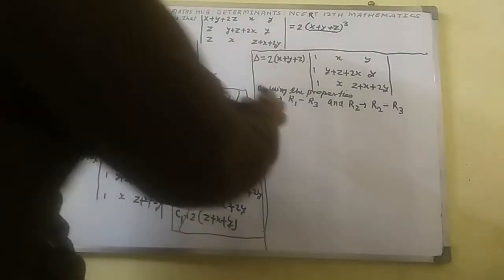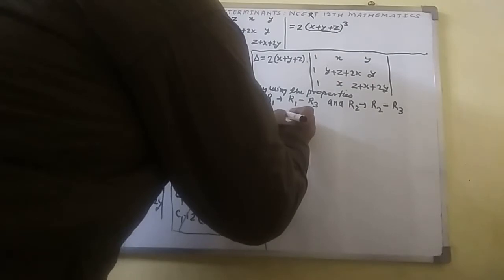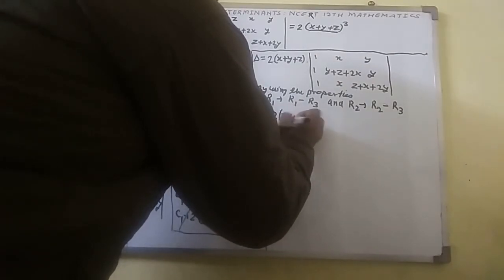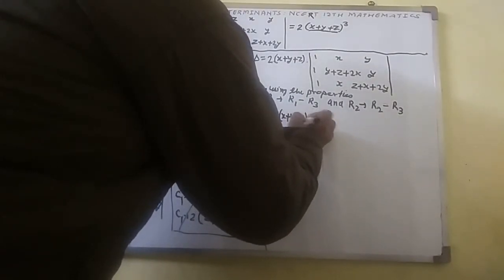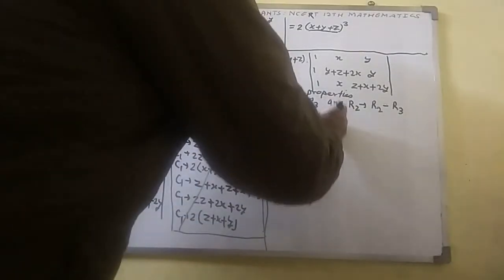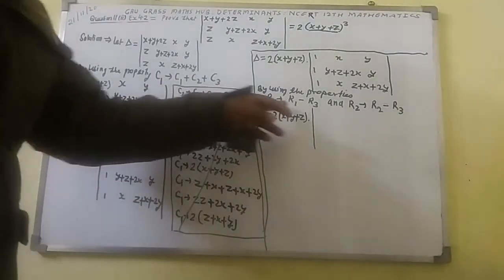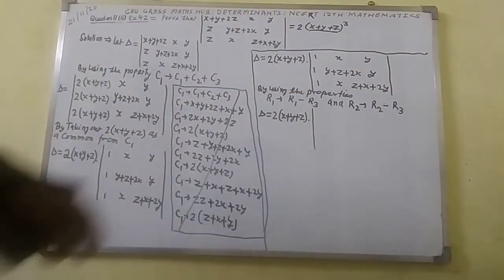So here I shall write determinant equal to 2 dot x plus y plus z, and here write like this, and R1 goes to R1 minus R3.